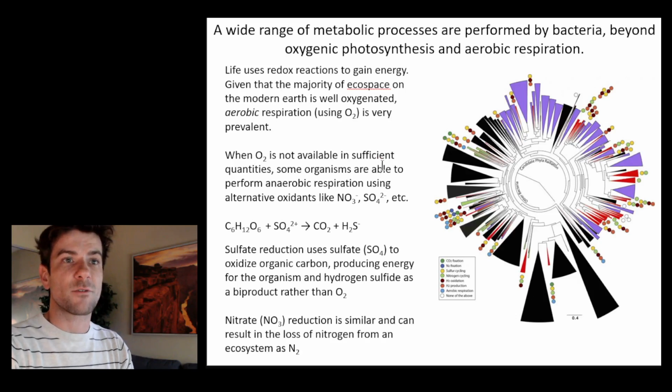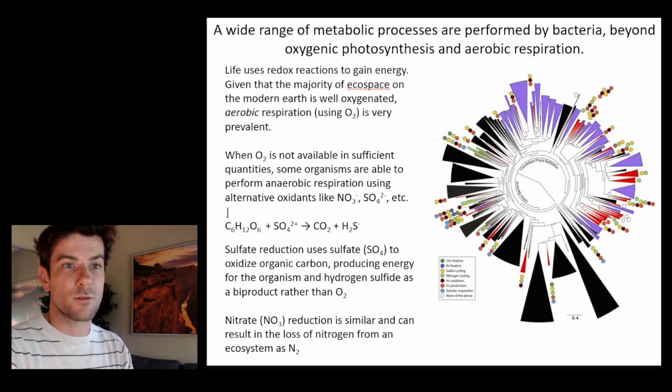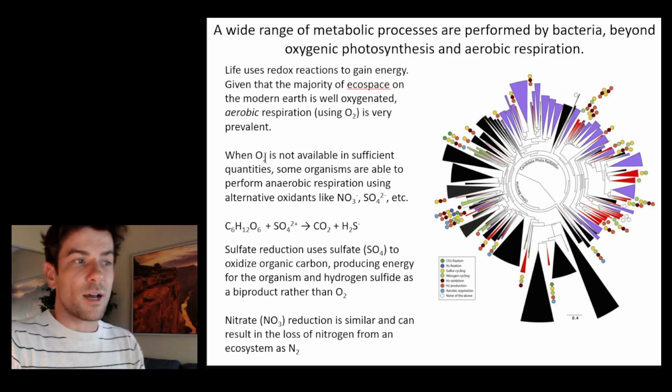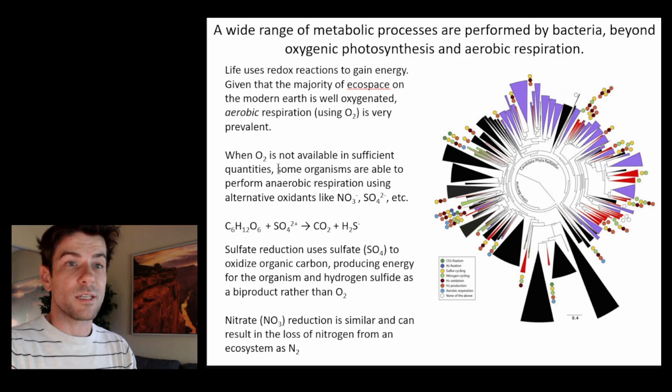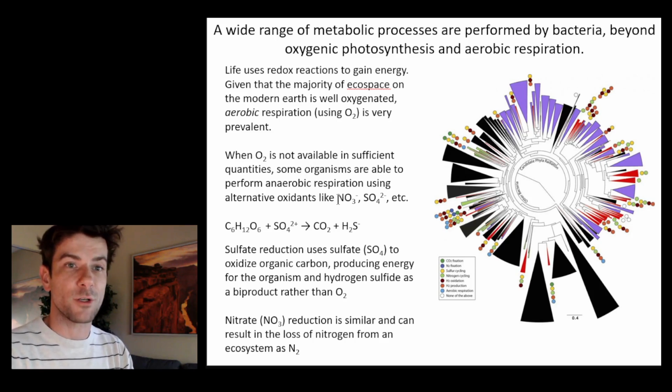And so there are a lot of different kinds of respiration, as I mentioned. And so aerobic respiration uses oxygen as the oxidant, right? And so aerobic respiration is glucose or some organic molecule here, plus O2 goes into CO2 and water. But if O2 is not available in sufficient quantities in the environment, other forms of respiration will begin to outcompete aerobic respiration. And you can use a number of other oxidants here.